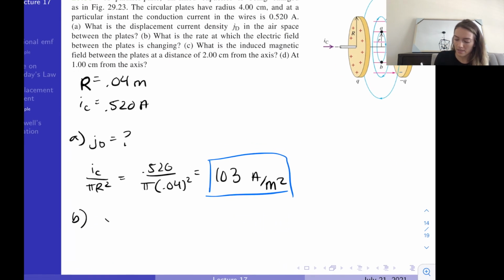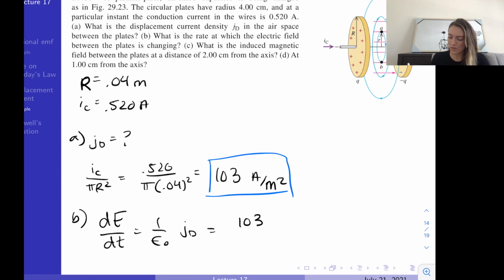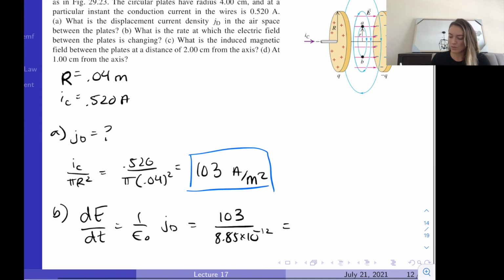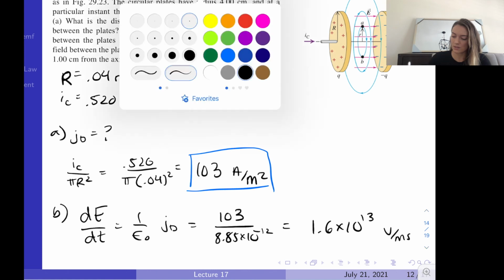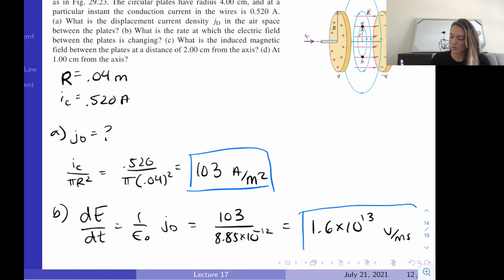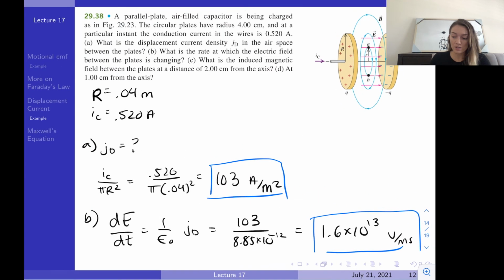We had dE/dt equal to 1 over epsilon naught times our displacement current density, which means all we have to do is divide our 103 amps per meter squared by epsilon naught. And that comes out to 1.6 times 10 to the 13 volts per meter per second for a changing electric field. Okay, so that is our change in electric field there.